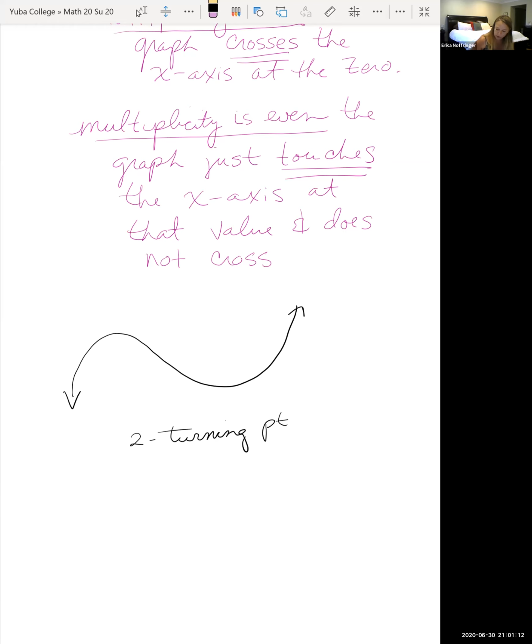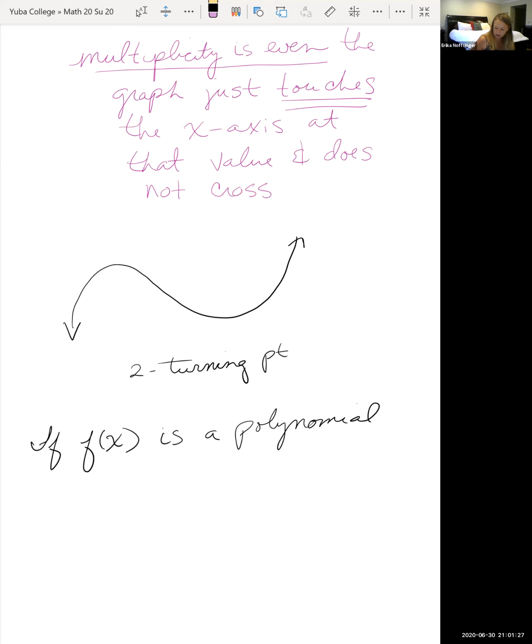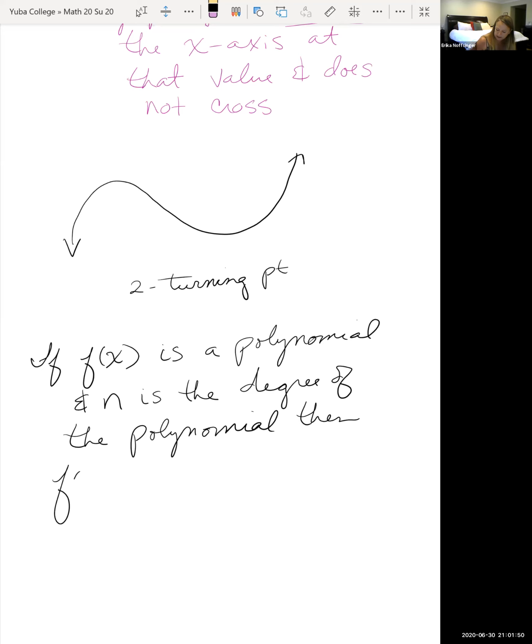So if f of x is a polynomial, and n is the degree of the polynomial, then f of x has at most n minus 1 turning points.